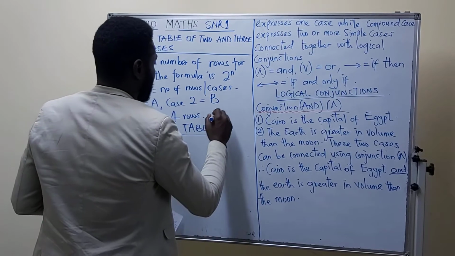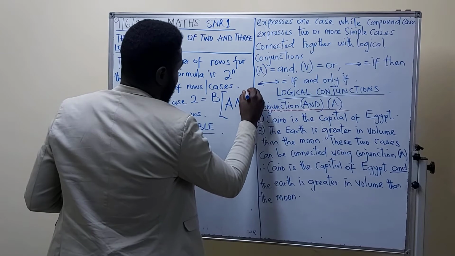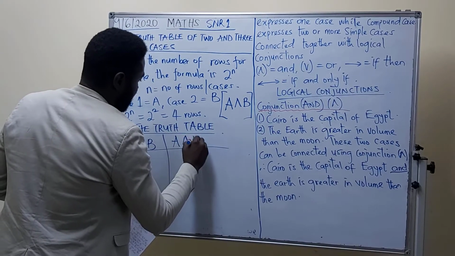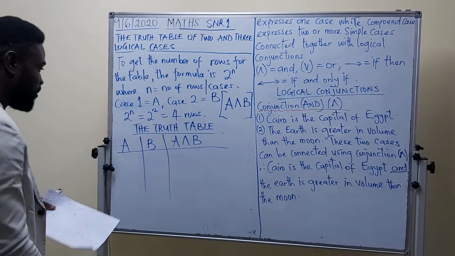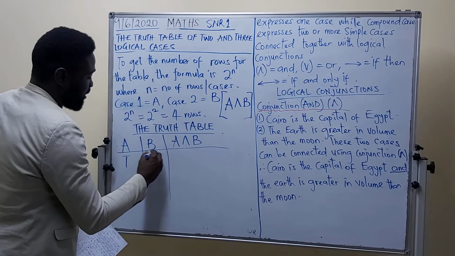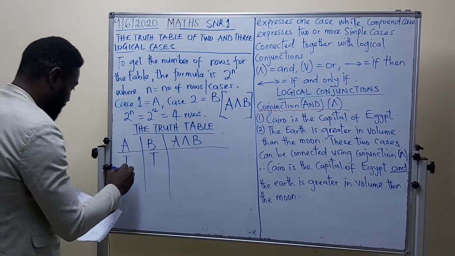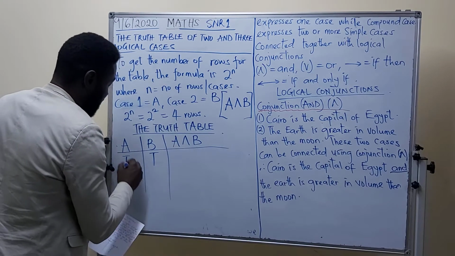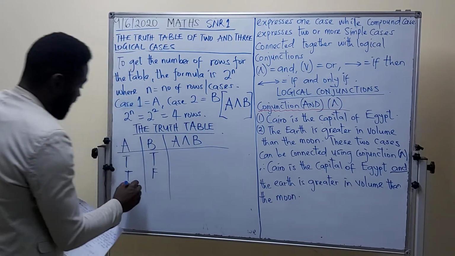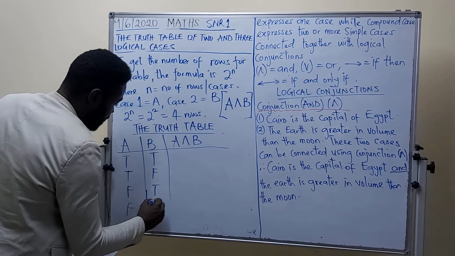So it means the question will be more of A and B. Don't forget, when the first case is true, the second case can be true. When the second case is true, the first case is true. In the second row, the second case could be false. Then here, this one could be false, while this one could be true, and both can also be false.